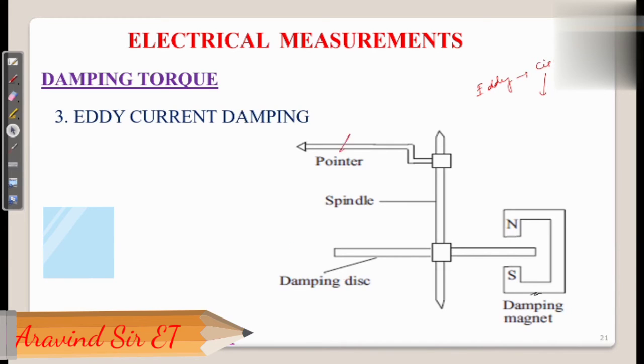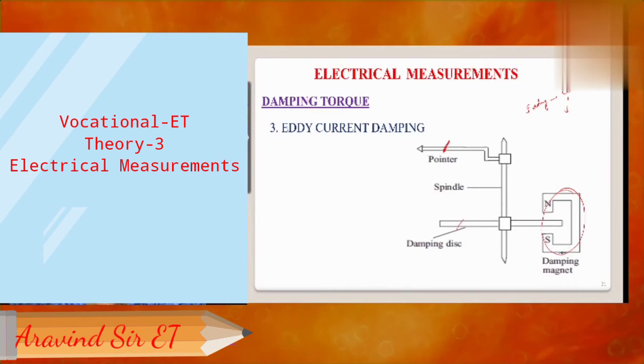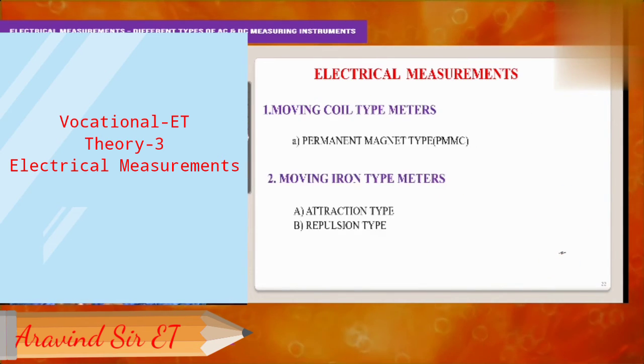When the pointer moves and oscillates, the disc also oscillates. In the magnet, a torque is produced opposite to the torque available in the disc. Due to that, whatever oscillations occur in the pointer are suppressed by eddy current damping. In that way we achieve damping torque by different methods: air friction damping, fluid friction damping and eddy current damping.